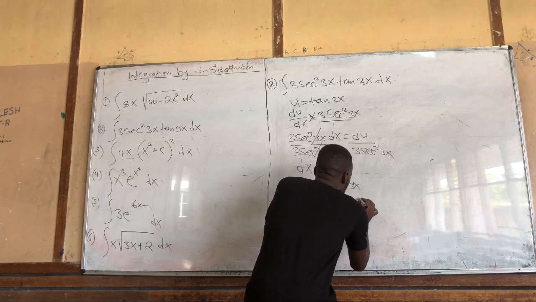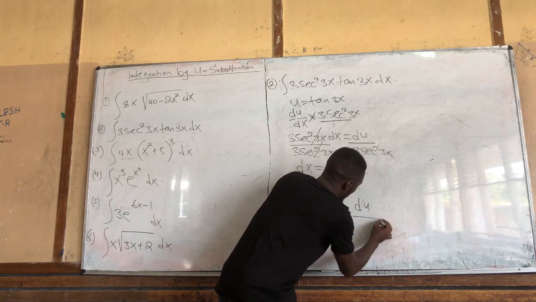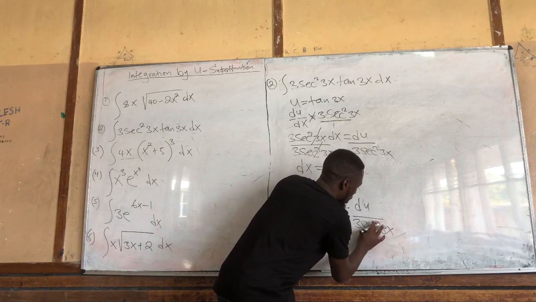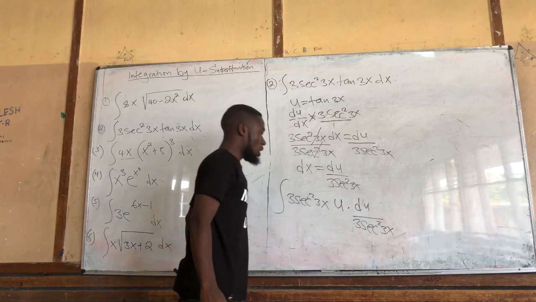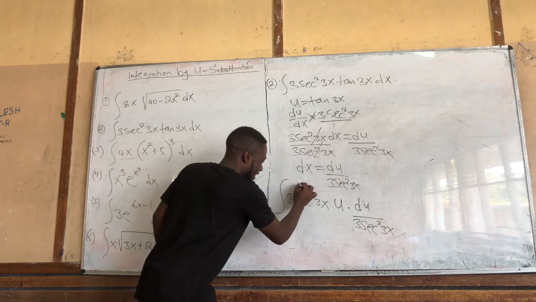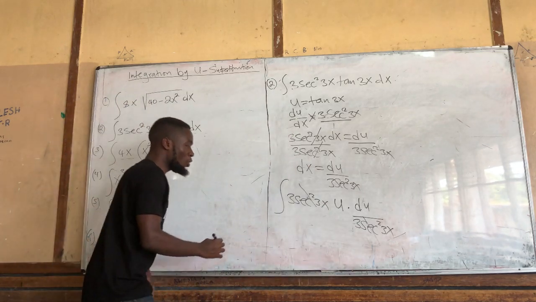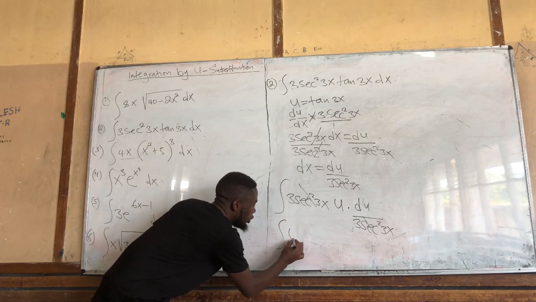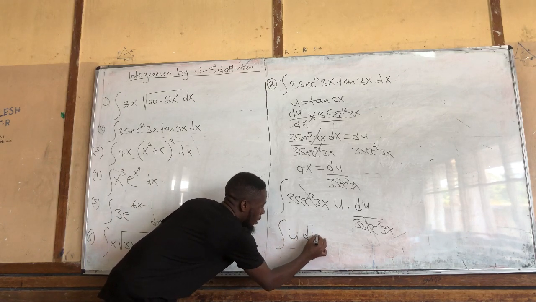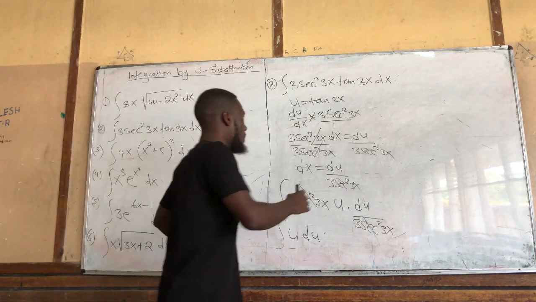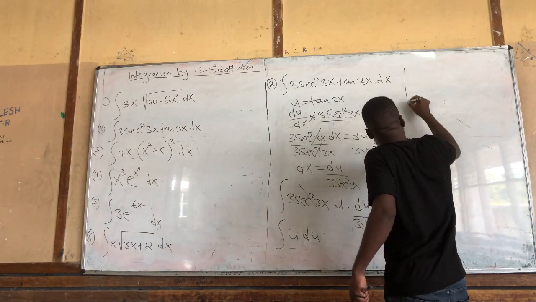So multiply by du over 3 sec squared 3x here. Okay? So what's next? This and this will cancel. So what will remain? The integral of u multiplied by du there.